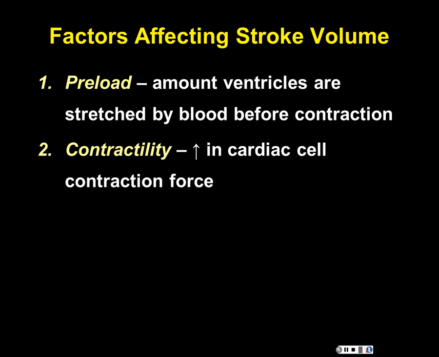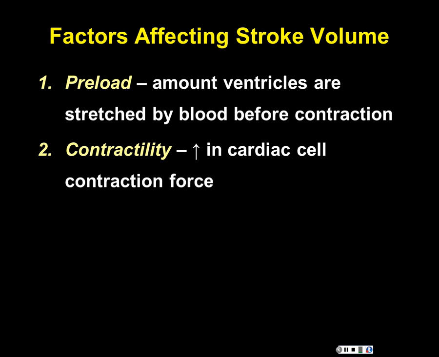The strength with which the heart contracts is called contractility. If the heart increases contractility, it's contracting stronger, and if it decreases contractility, it's contracting weaker. The more forcefully the volume of blood is squished, the more likely the blood is going to be ejected and be found in the stroke volume.